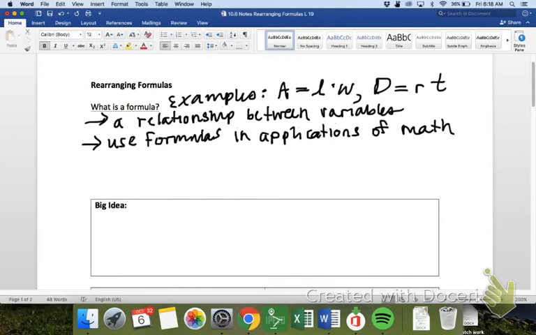And when you get to physics, there will be a ton of physics formulas.